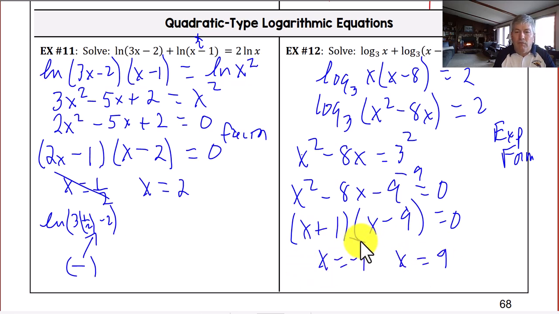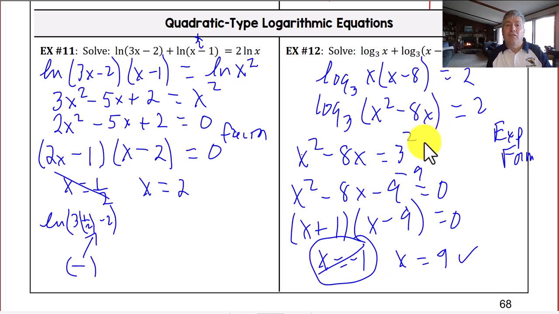X equals negative 1 is extraneous because it creates a negative result up there. So that guy's out, and we get x equals 9. So in this video we have solved both logarithmic and exponential type equations, exponential quadratic type equations, and you'll get some more practice with this when I see you in class.